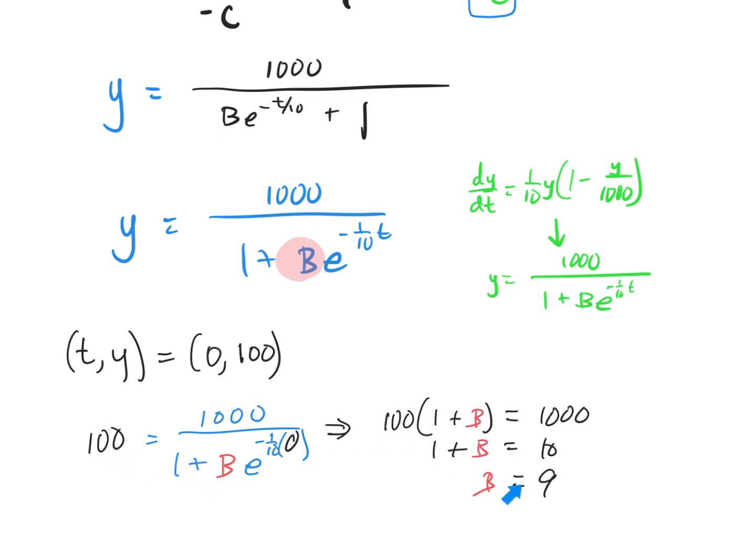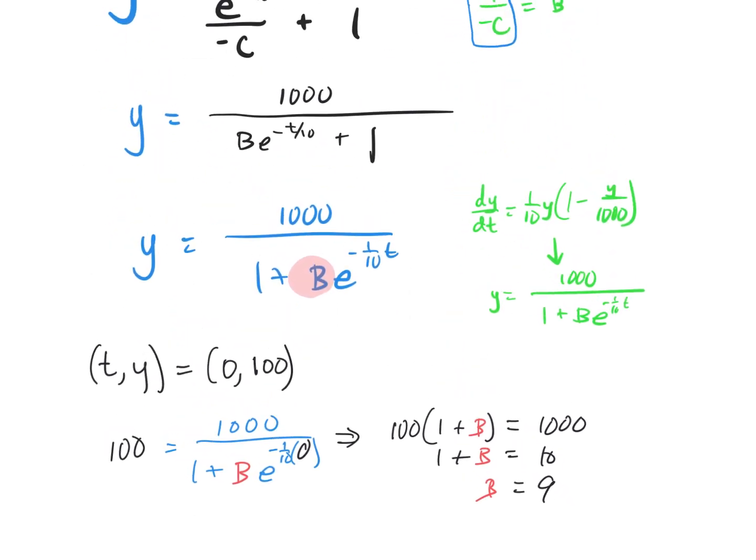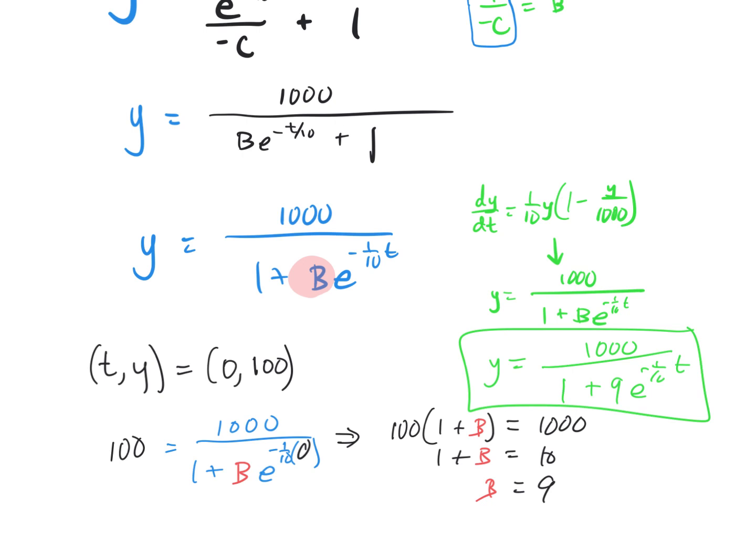And solving that, b is 9. So our final answer is y is 1,000 over 1 plus 9e to the -1/10 t, using separation of variables.